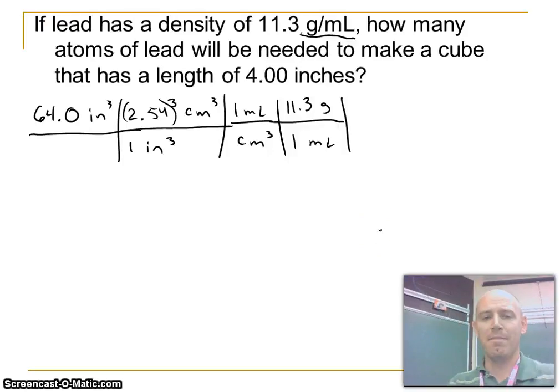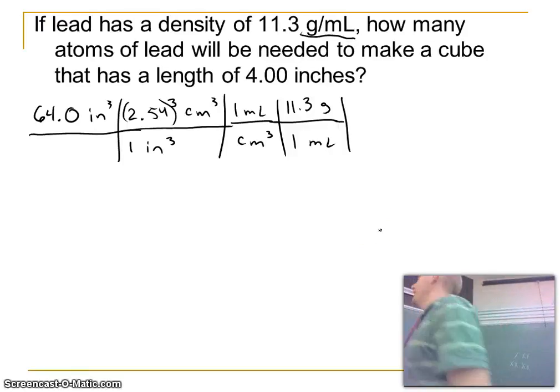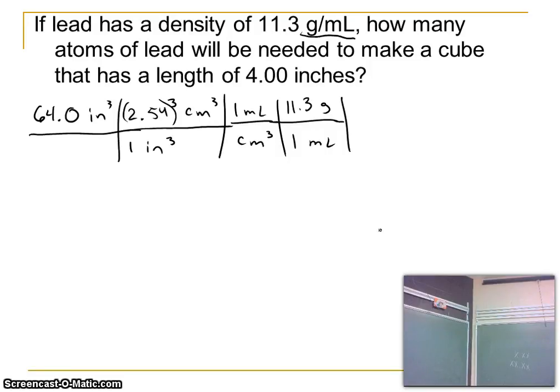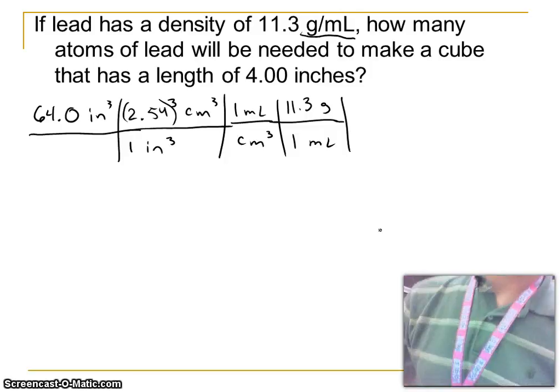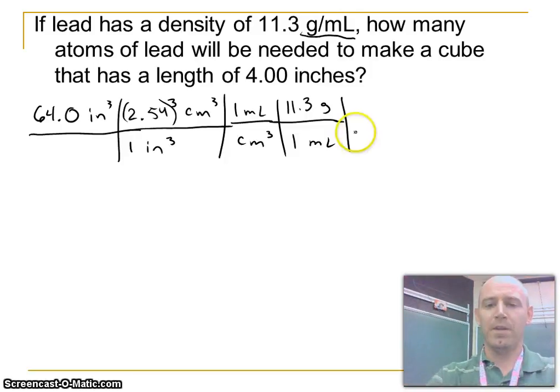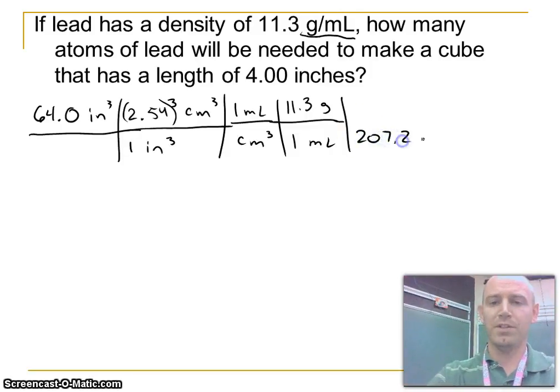The molar mass of lead, and lead's an element, so I'm just going to look on the periodic table, and lead is going to be 207.2. 207.2 grams per mole. So 207.2 grams per 1 mole.